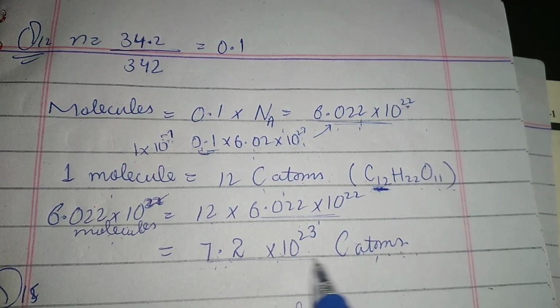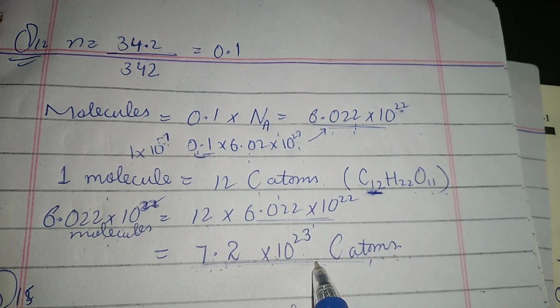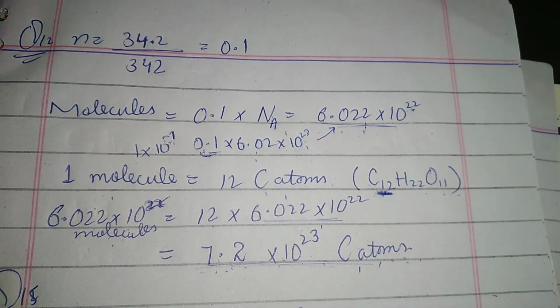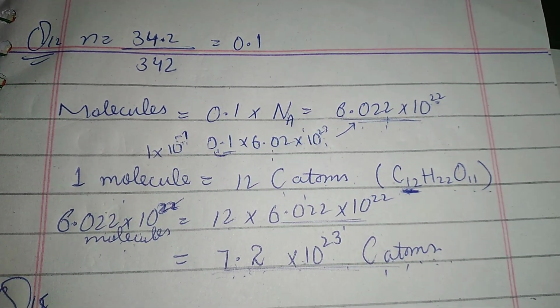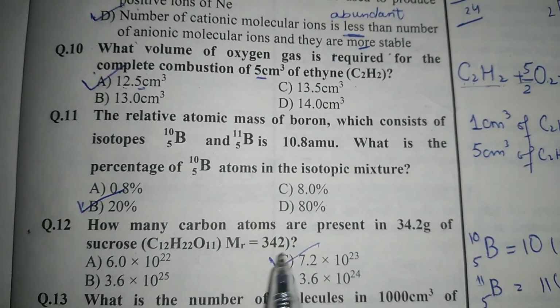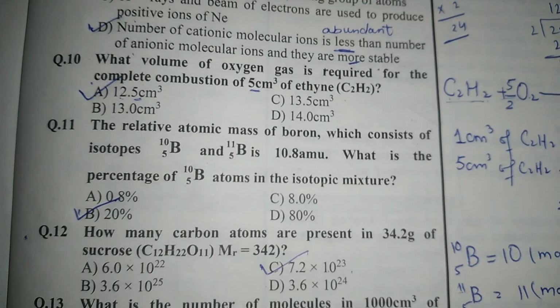So these are present in 34.2 grams of sucrose. The correct option would be C, 7.2 multiplied by 10 raised to power 23.